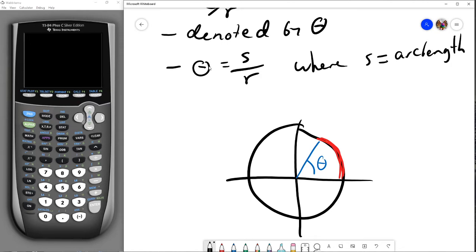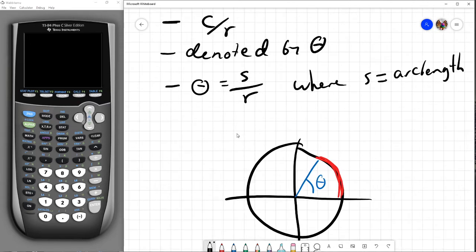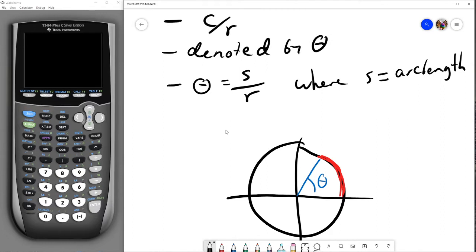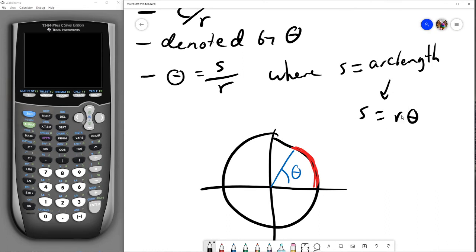If the angle in radians is s over r, then the arc length s has to equal r times theta, because we just multiply both sides by r. So there is a relationship between arc length and these angles. If you have theta times the radius of your circle, you will get the arc length. That is very convenient.